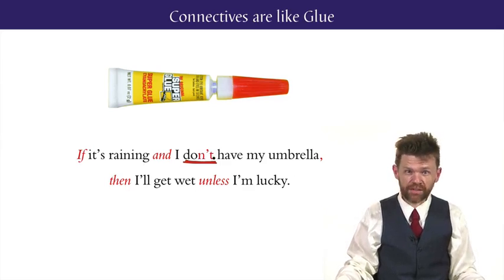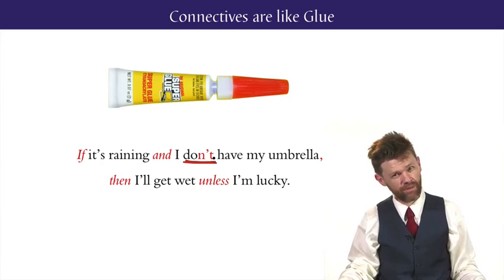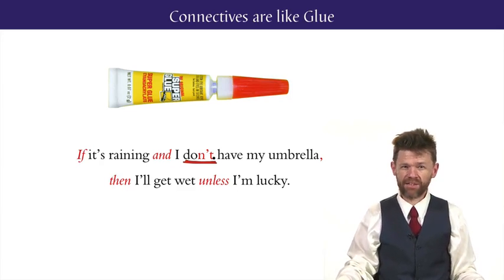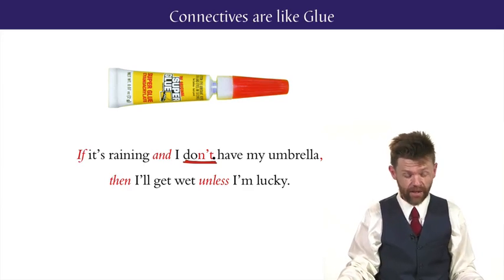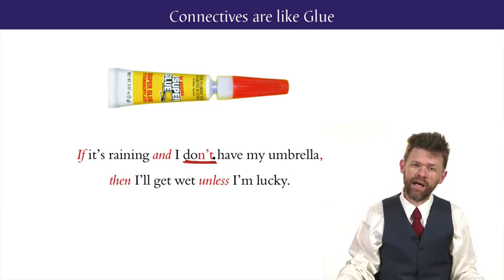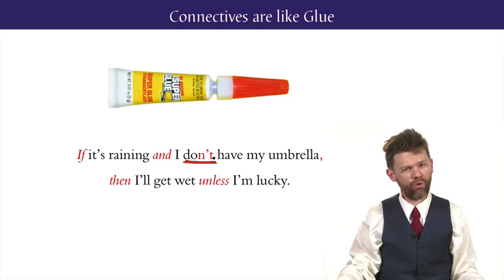The not converts the I do have my umbrella into its opposite, I don't have my umbrella. And this not is also important for logic, so we're going to put it in the same basket as the other connectives, even though it doesn't actually connect propositions together. So these connectives, coloured in red, tell us something important about the shape or form of this large, complex statement.